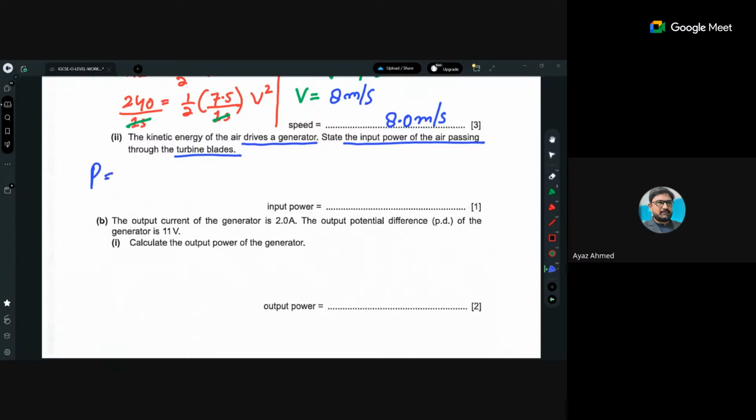So power is equal to energy divided by time. Here you are supposed to state. State means the value is given to you; you just have to extract it and write it. So energy is 240 joules and time is 1 second. What is the input power? Again it is 240, but now the unit changes. So it is 240 watt.